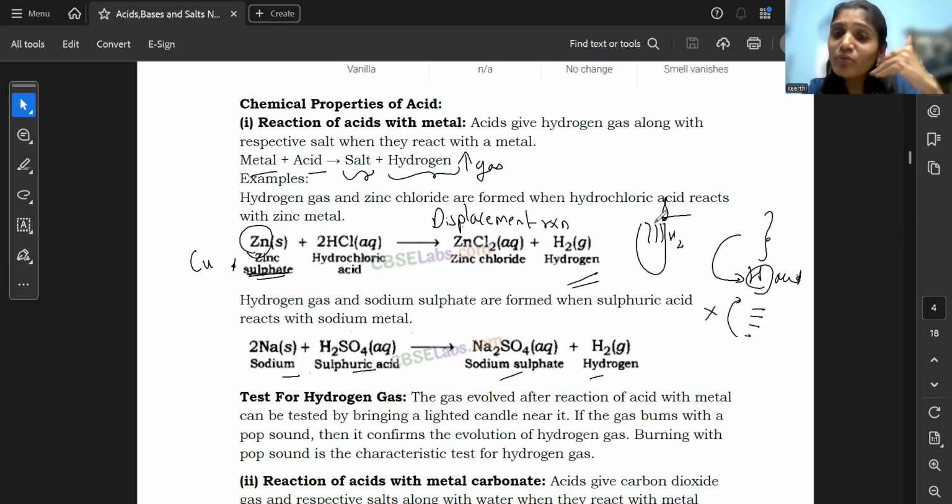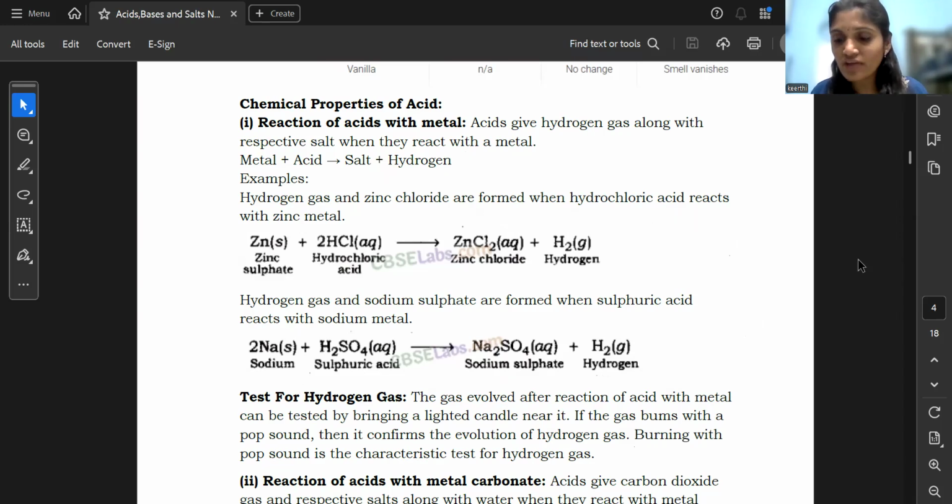If the gas burns with a pop sound, I will confirm that the gas released in this reaction is hydrogen gas. Burning with a pop sound is the characteristic test for hydrogen gas. Now let us see the next reaction here.